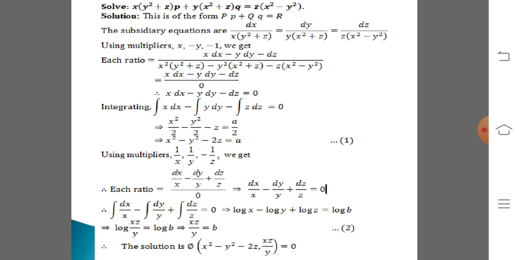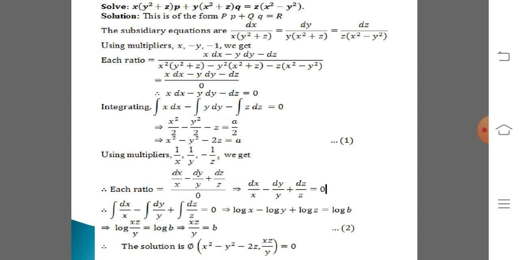So it is clearly seen that the value of the denominator is 0. This implies x dx minus y dy minus dz equal to 0. Integrate term by term, we get x square by 2 minus y square by 2 minus z equal to some integration constant, say a by 2.